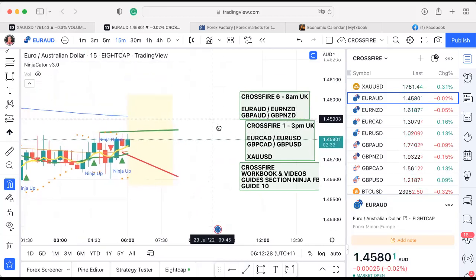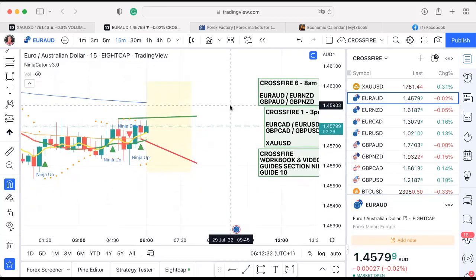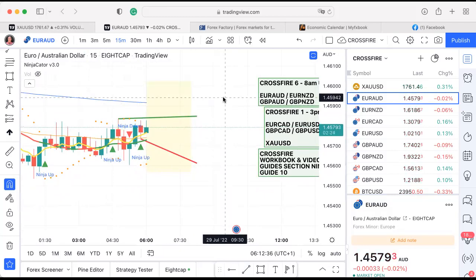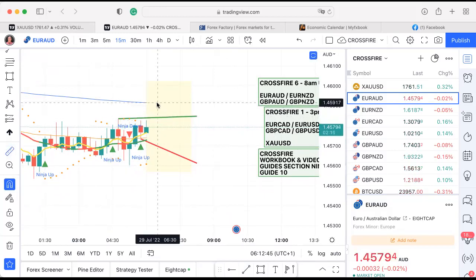Now, I have 5 moving averages on my chart, and I tend to use the moving averages as targets for my take profit. So if I was going to get into this trade and looking at that gap there, what I normally do is I just measure the gap between the moving average and where price is now.